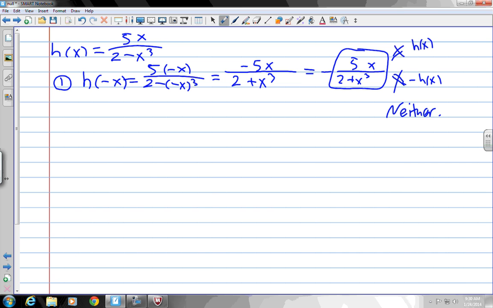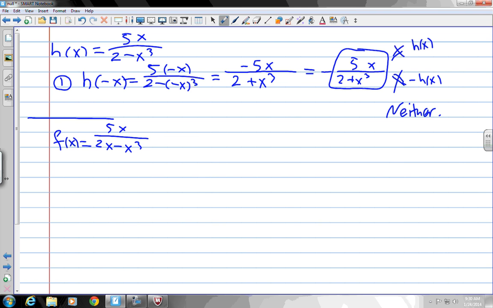But if I change this problem just a little bit, and look at this function, 5x over 2x minus x cubed. I can probably reduce this, right? I can factor out an x and simplify, but let's not.